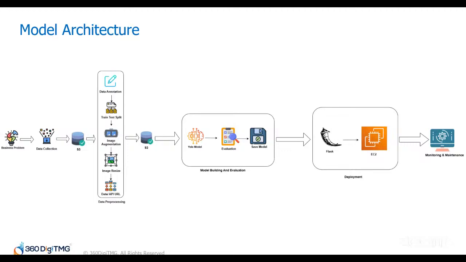Once we have annotated our images, the next step would be splitting our data into train, test, and validation. Over here, it is good if we go for 80 percent for training, 10 percent for testing, and 10 percent for validation.